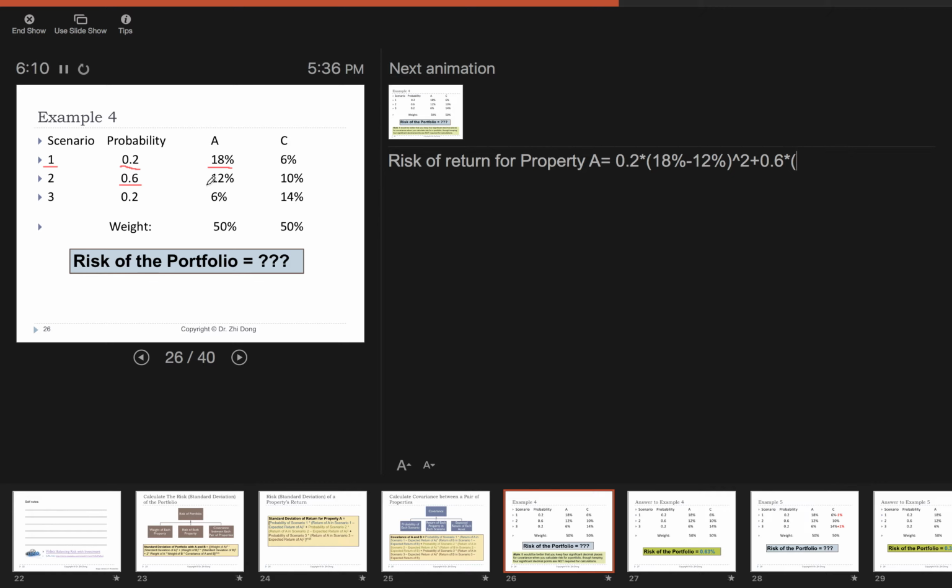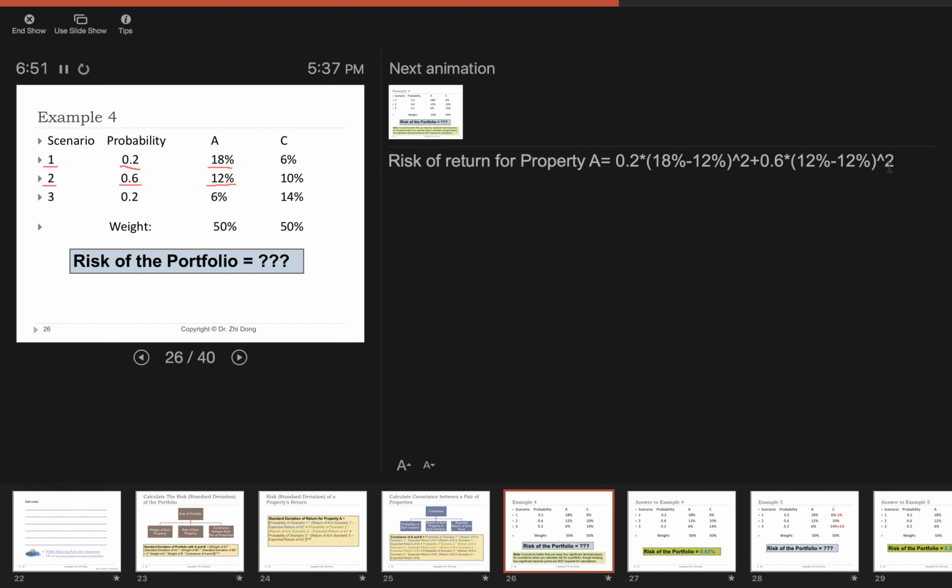Property A's return under market scenario 2 in the same row is 12%, minus the expected return of property A across the 3 scenarios, which is 12%, the same as we input for the first market scenario. And we raise this deviation to the power of 2. Now we have added the information from the second market scenario.